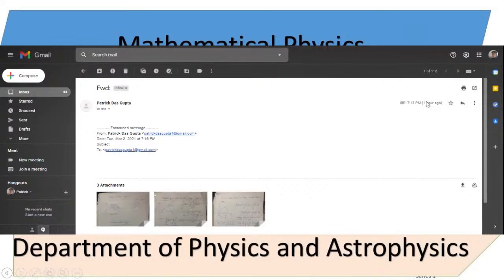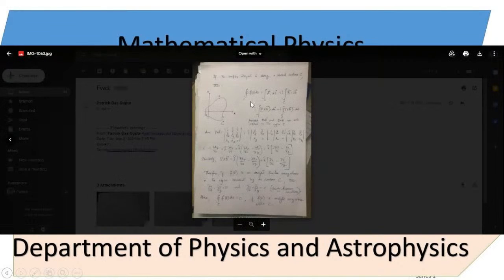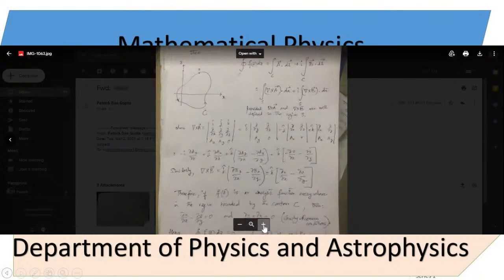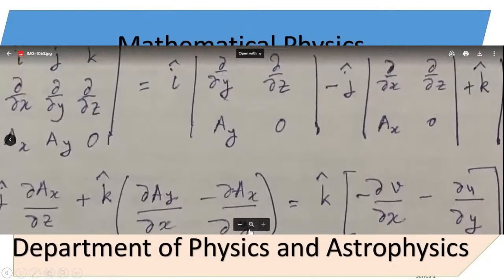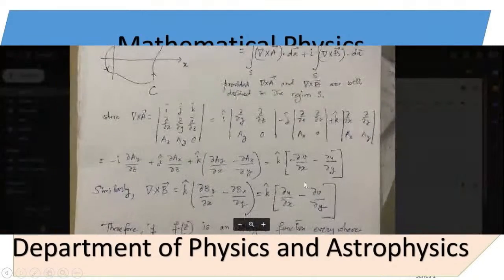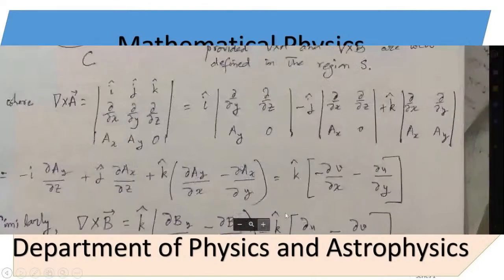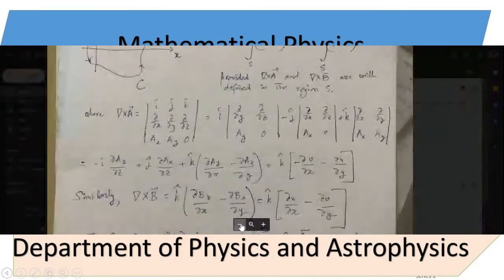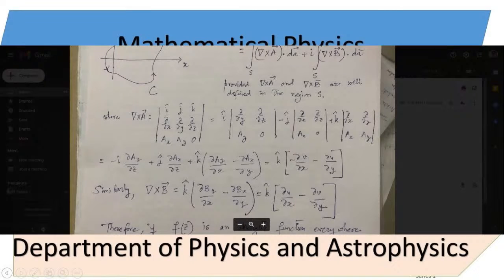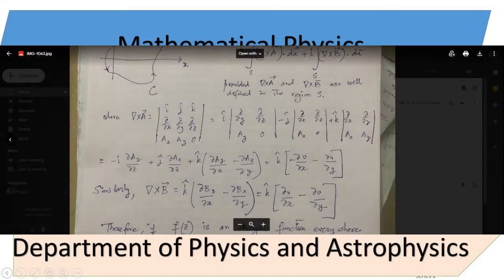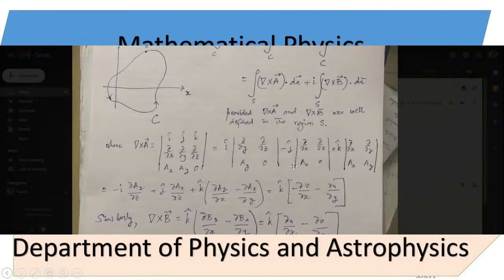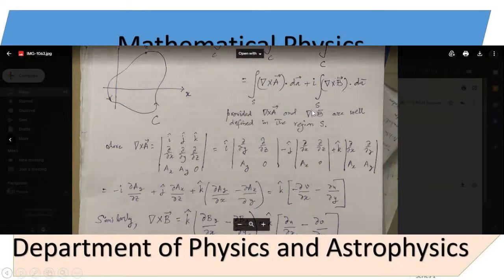Similarly, the integral of B dot dl can be written as the integral of curl of B dot dA.